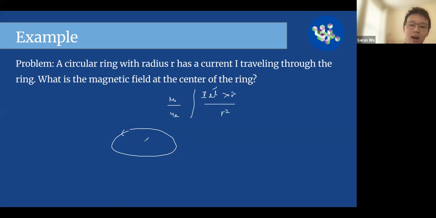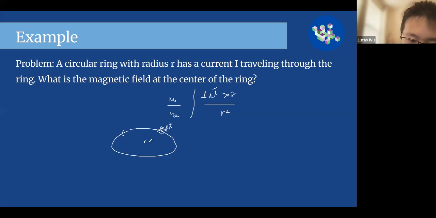So I'll integrate across this entire wire loop. If I'm looking at this dl over here, my dl vector will be pointing in the direction of the current.